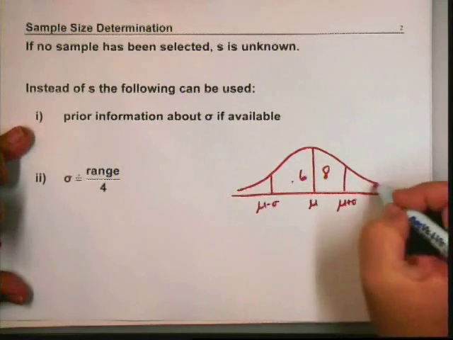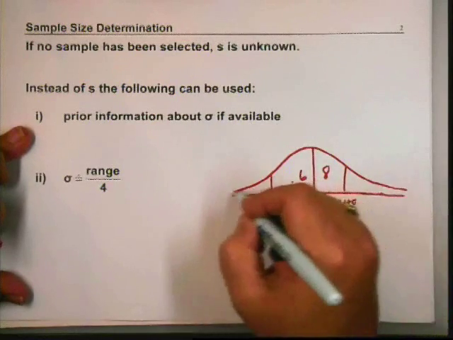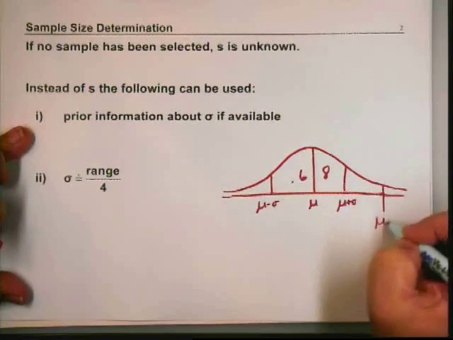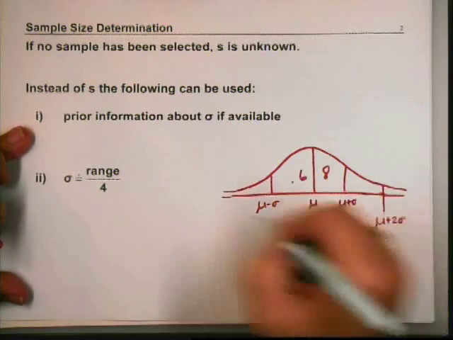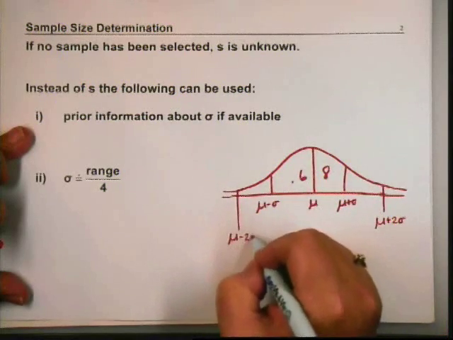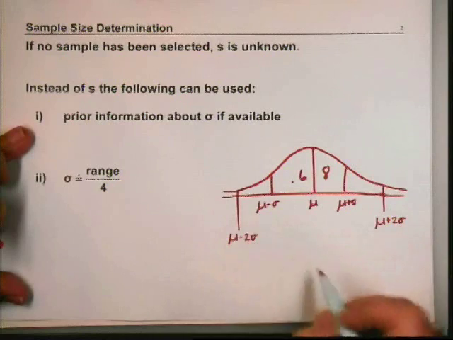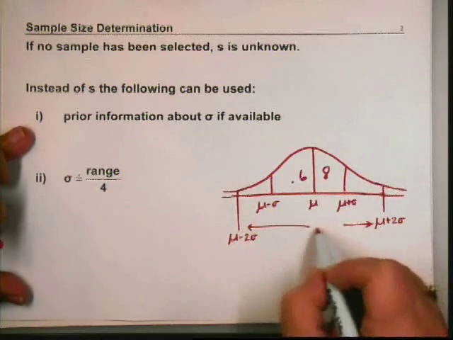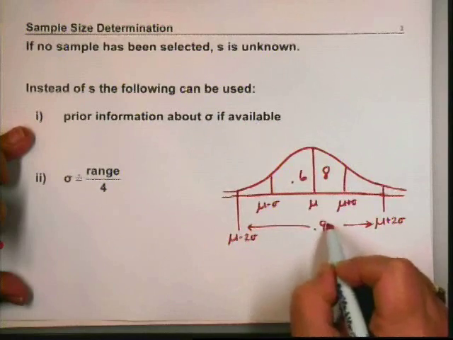If you go forward 2 standard deviations and backward 2 standard deviations, what's this area going to be? It's approximately 0.95 or 95%.